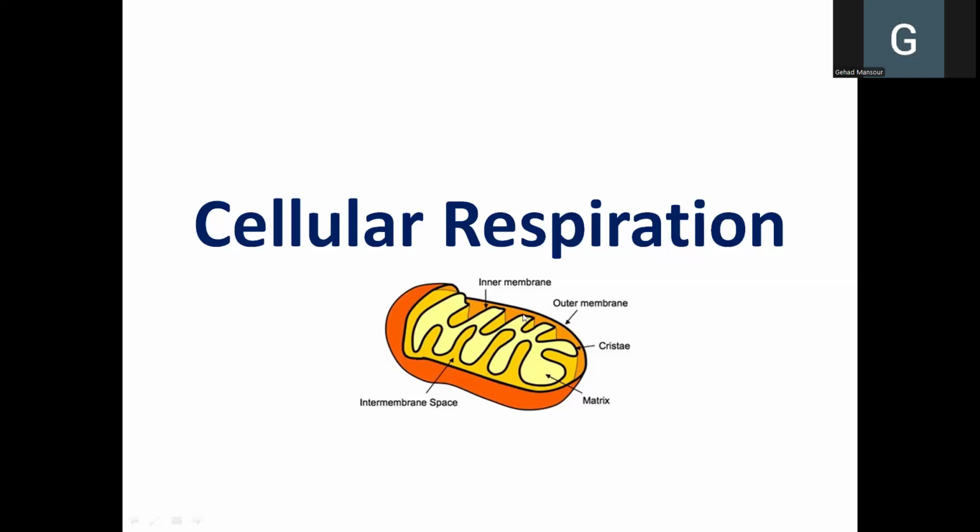So the inner membrane is highly folded to increase the surface area. And that surface area is important. It's important for it to be large because the inner membrane of the mitochondrion carries the electron carriers that will transfer the electrons in a sort of a chain.